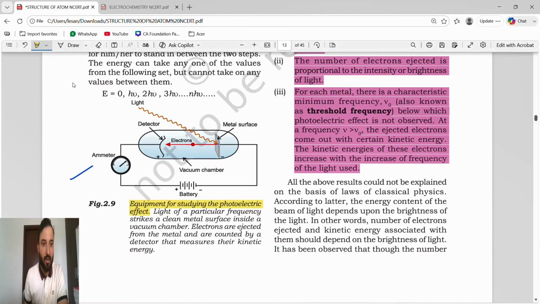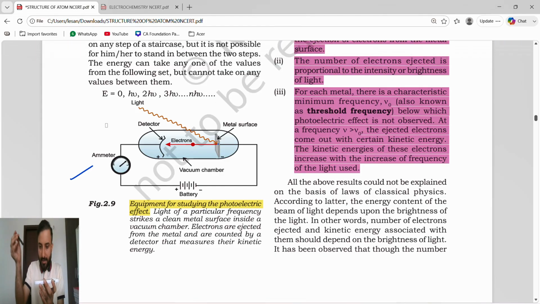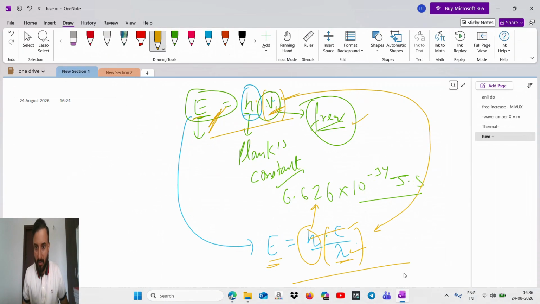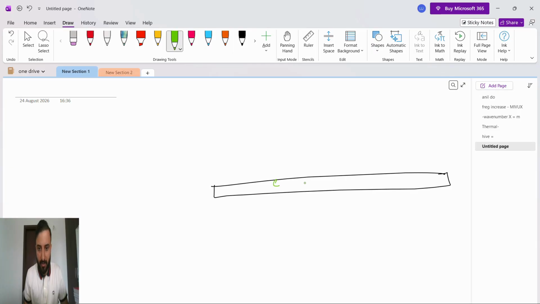Now see here, guys, one more thing is there. If I hit with a frequency less than the threshold frequency, a beam of light is coming and hitting the electron here. Understand this well. If I draw a metal surface, what is present in the metal surface?